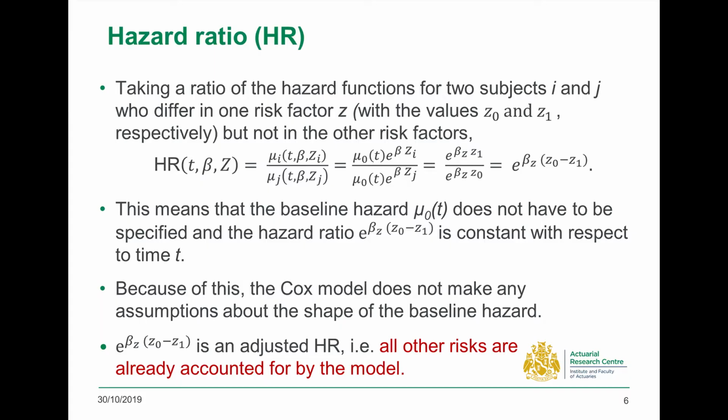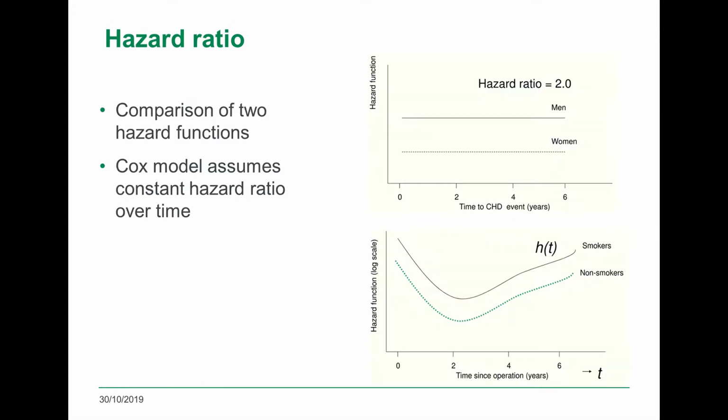Because of this, the Cox model does not really make any assumption about the baseline function. We don't really need to make an assumption, it does need to be estimated. It's quite important that this is just an adjusted hazard ratio, so we have taken into account all the risk factors in the model. So far, so good. As I said, in these graphs the important thing is to look at the hazard ratio.